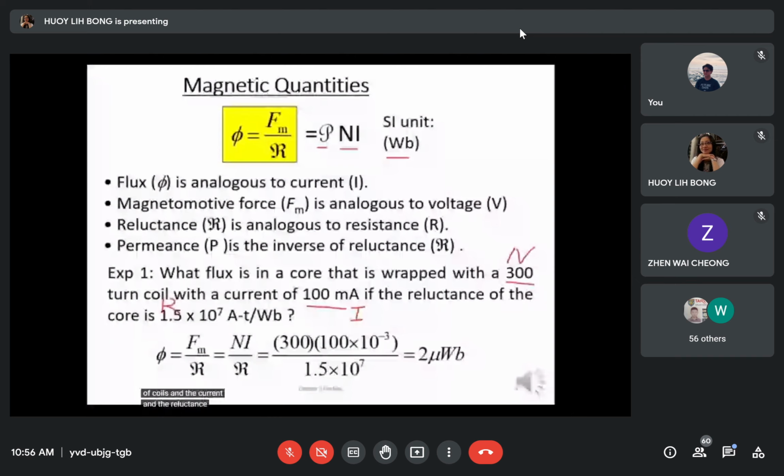Hence, to find the flux, we just need to substitute F over R, in which F equals N times I, 300 times 10 to the power negative 3, divided by the reluctance, 1.5 times 10 to the power of 7, to get 2 microweber.